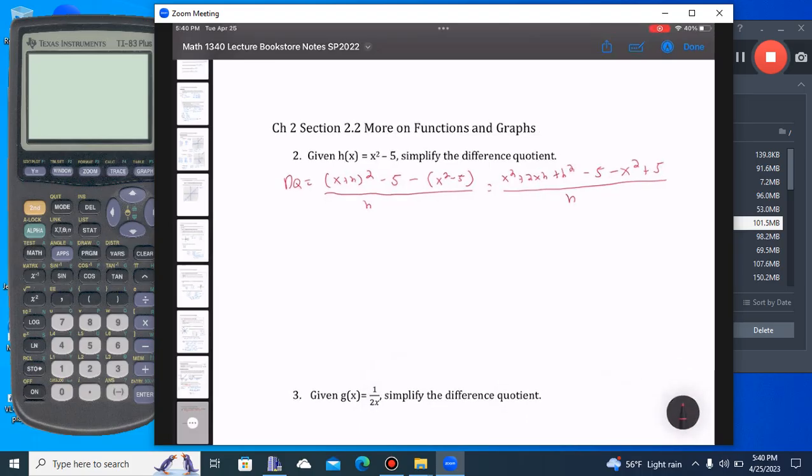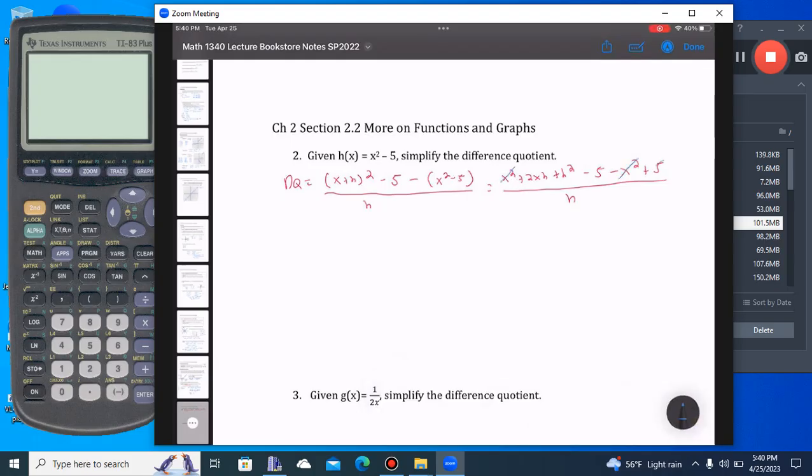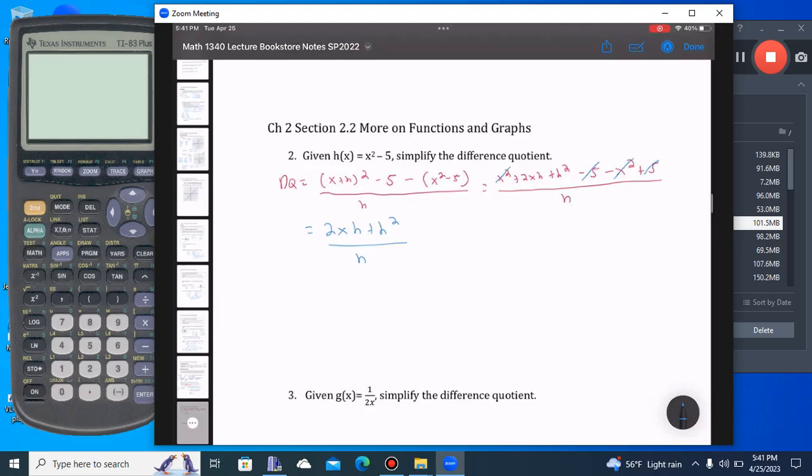All right, so we cancel what can cancel. X squared cancels with x squared. 5 cancels with 5. We end up getting 2xh plus h squared over h. The h's cancel. Just to show this and separate them out, we get 2x plus h.